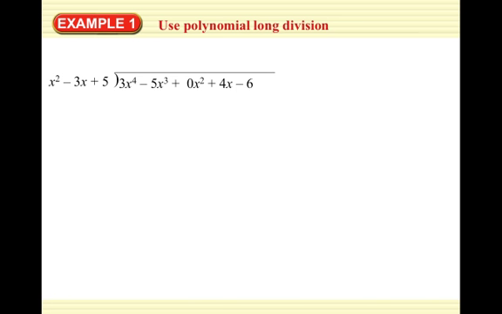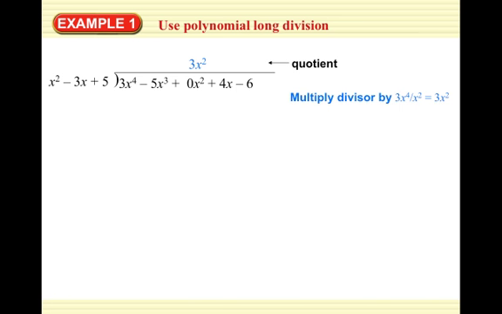So we just pay attention to the first term inside the house and the first term outside the house. And we're going to put the quotient up at the top. All right. The first value that we get for our quotient is 3x squared, and we get that by taking that 3x to the fourth and dividing it by x squared.